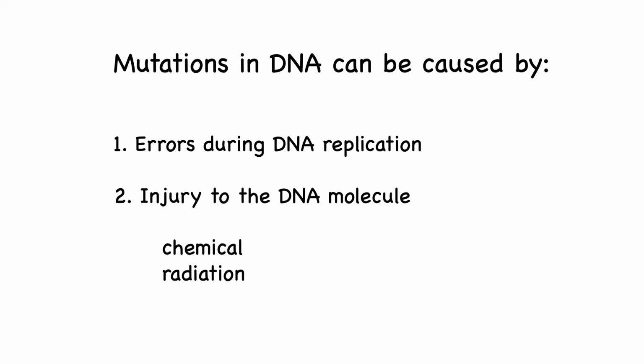Many of them can be corrected, but not all of them. We also have injury to DNA that causes a change in the base structure. And that can be due to chemical insult or to radiation, either ultraviolet radiation or X radiation, which we've mentioned previously, and we'll talk about a little more.